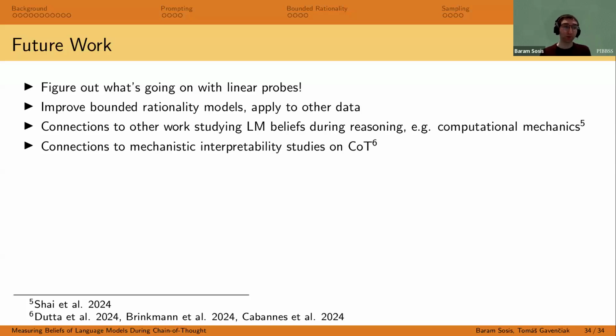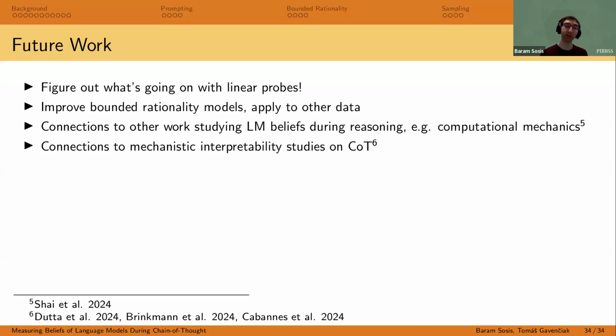I'd also like to work a bit more with the bounded rationality model, because I don't know if the reason it's not giving me a correlation with language model size is some limitation of the model or some limitation of the data set I'm working with. So I'd like to explore that a bit more.